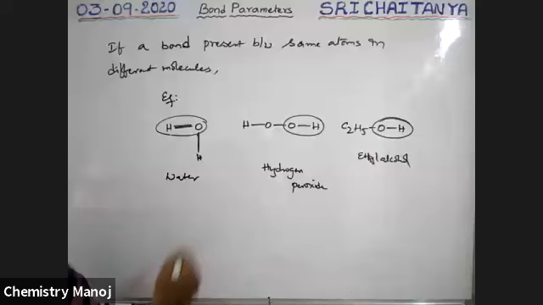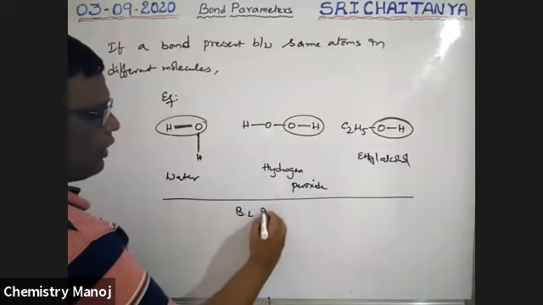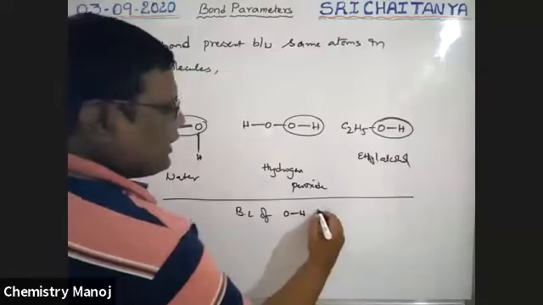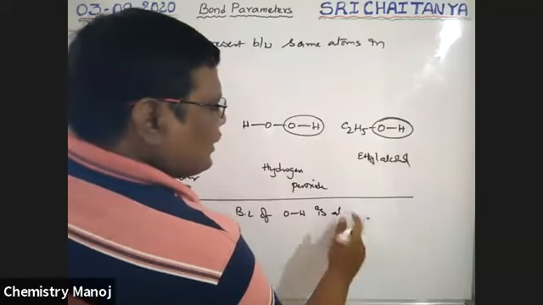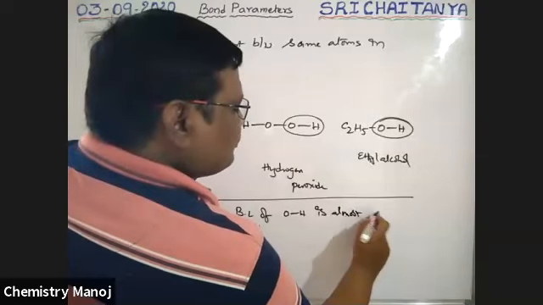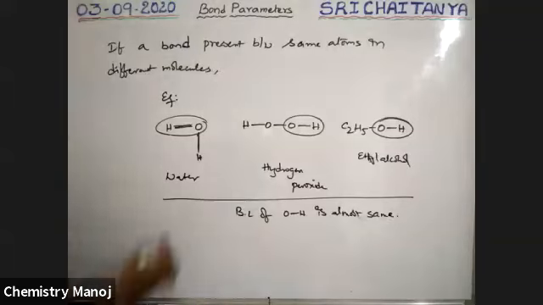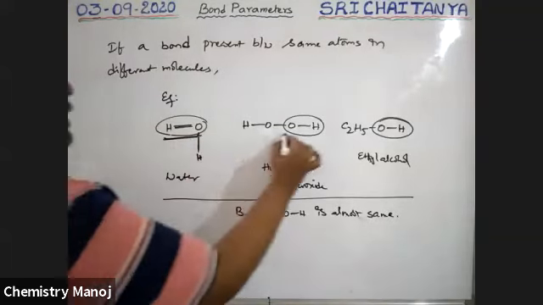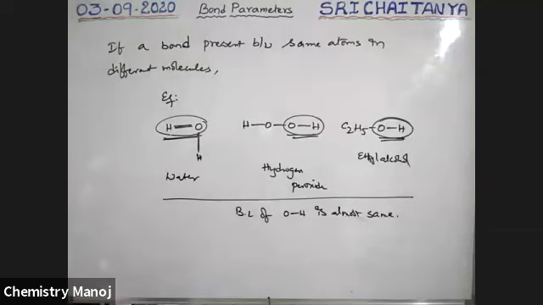So in this case, the bond length of OH is almost the same. Very, very important. That means the bond length of OH in all of them is almost the same, because of the similar atoms.